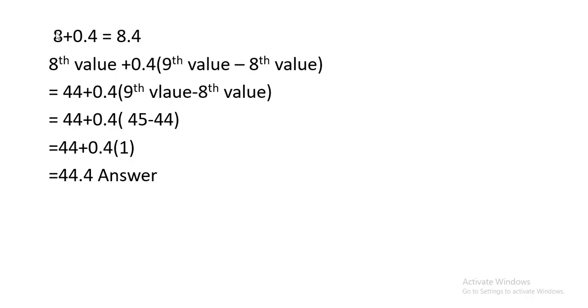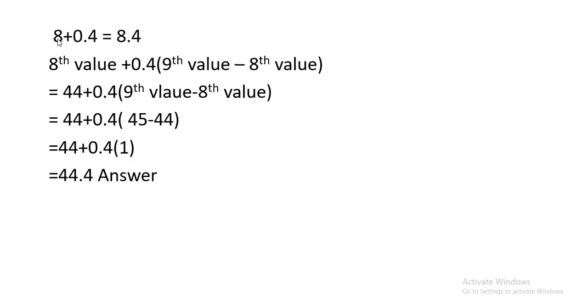So what we are going to do is round off this 8.4 forward and backward, and take the difference of these two values, that is 0.4 times (9th value minus 8th value) of the data.